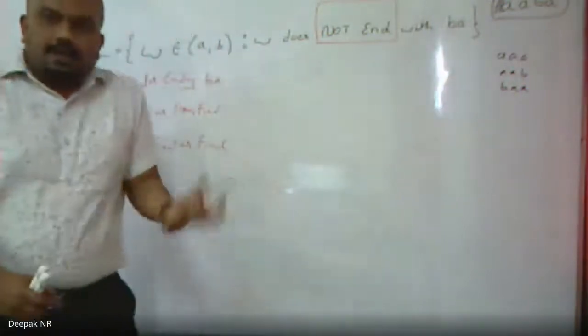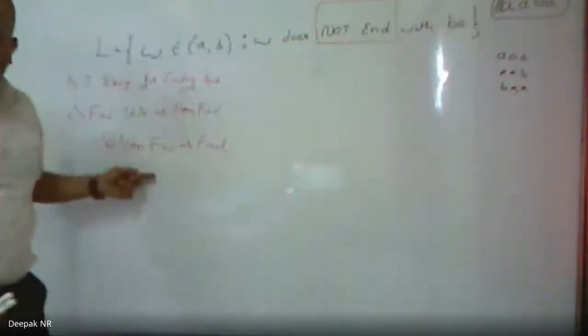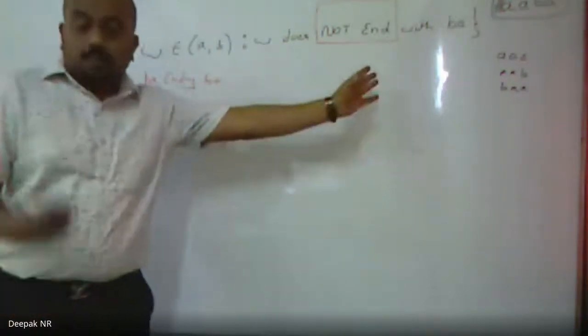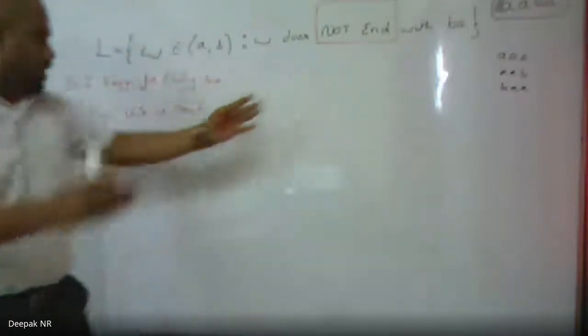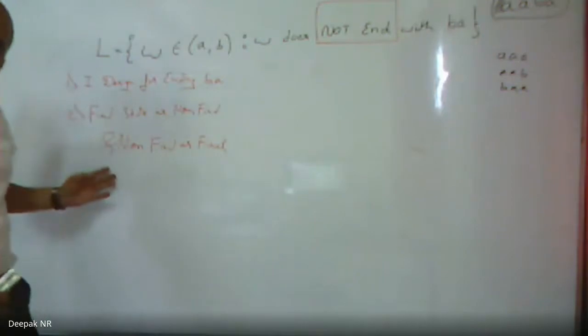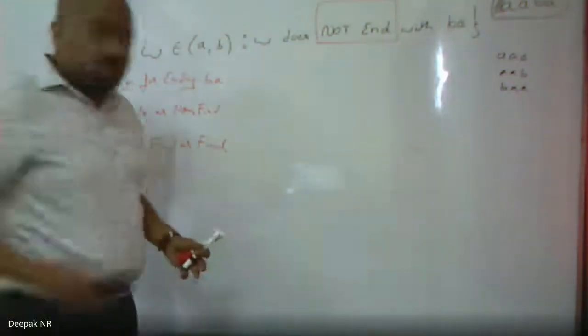Whenever I hear the terminology "not ending with", I follow these two steps. First I design for ending with BA, because it's easy for me for a true string, then I make the final states non-final and the non-final states final. This is how I solve the given problem.